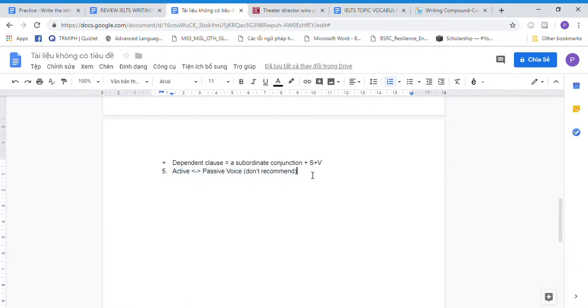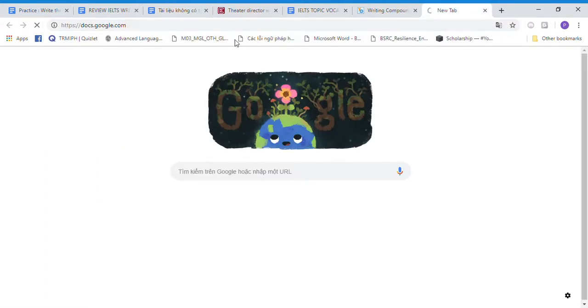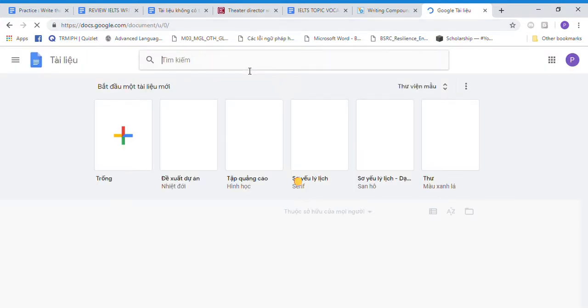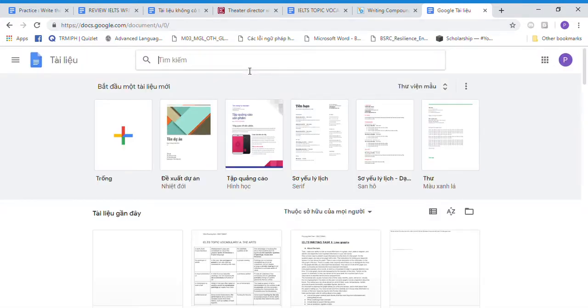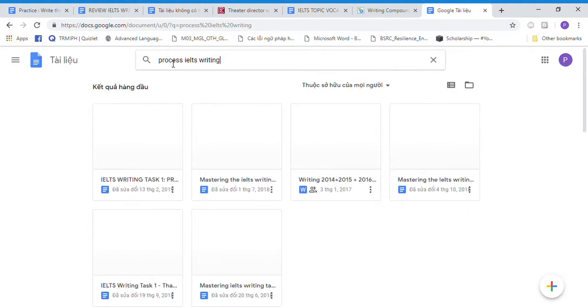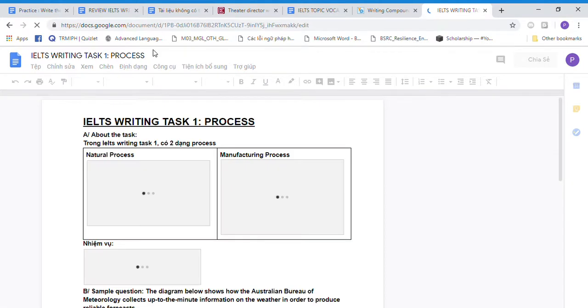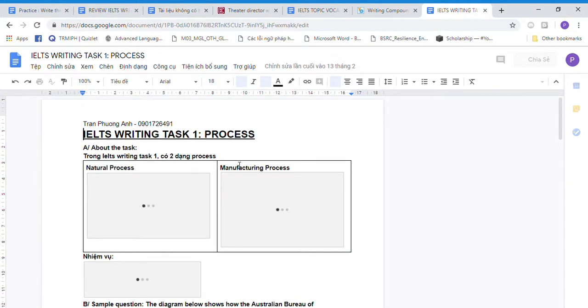Let's move on to the next section, which is changing the voice from active voice to passive voice. This is easy, right? I'll give some examples. This is from my IELTS writing material. So in task 1, you guys will learn how to deal with process.